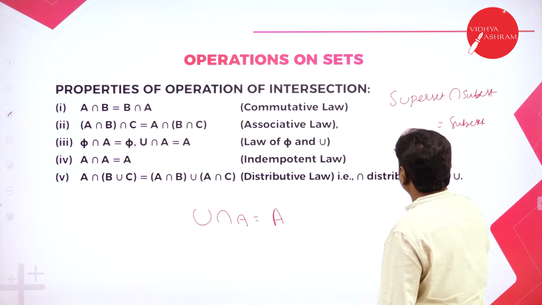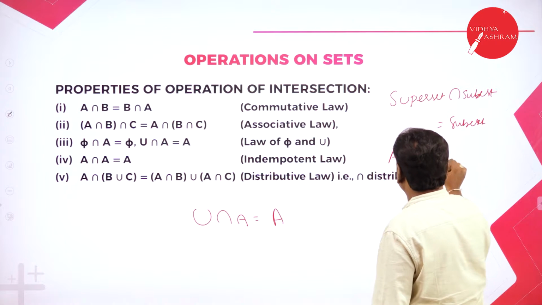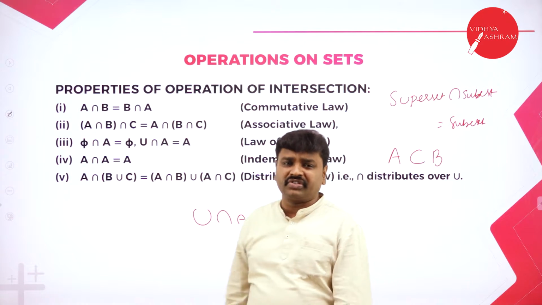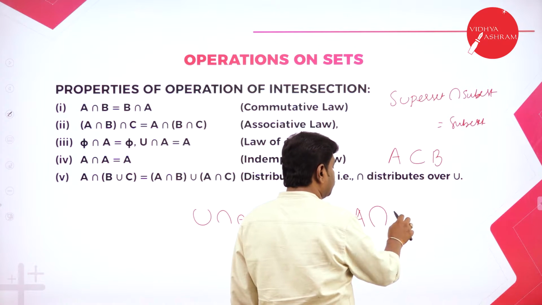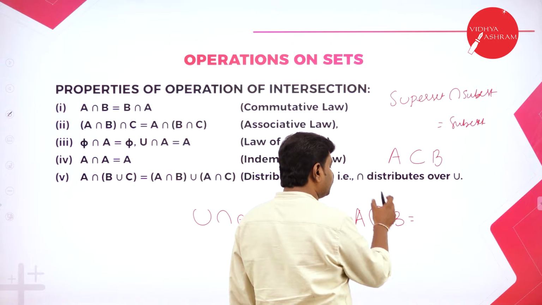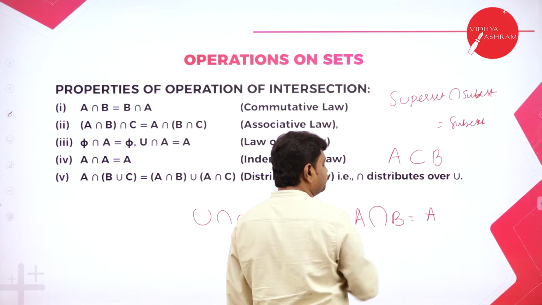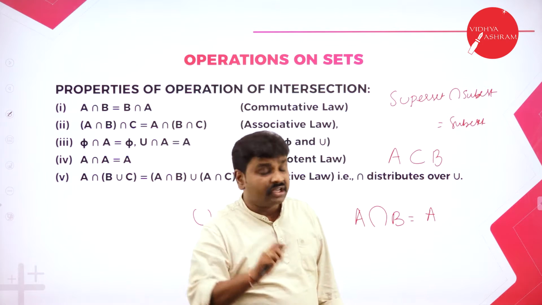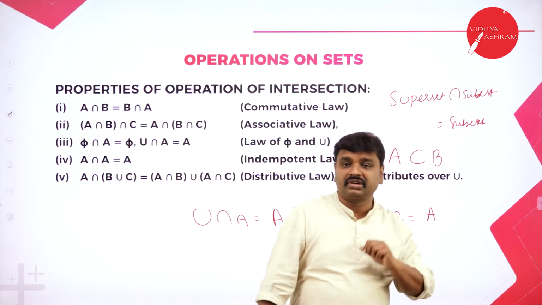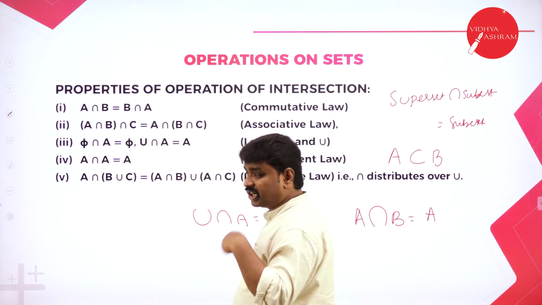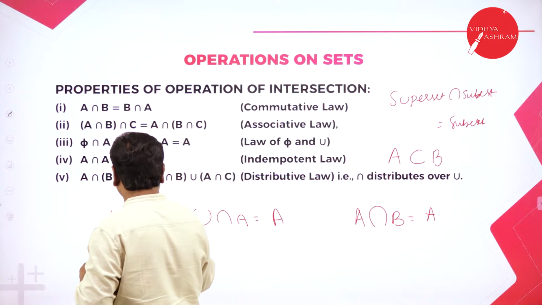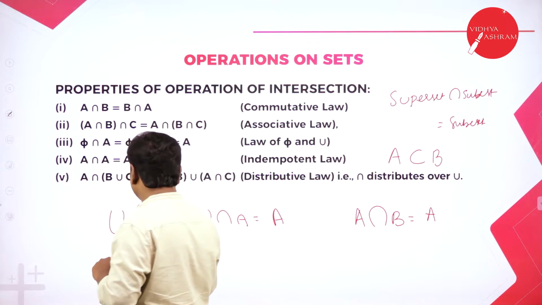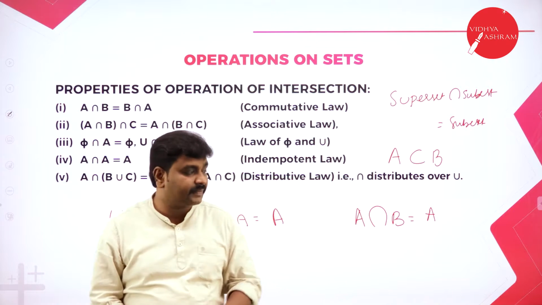Suppose A is a subset of B, all of you know what is subset, then A intersection B, if I do, B is a big set, so you'll get the subset. A intersection B gives you A if A is part of B, that's it. And universal set is a part of any set. So universal set intersection given set gives you the same set. Universal set acts as identity.